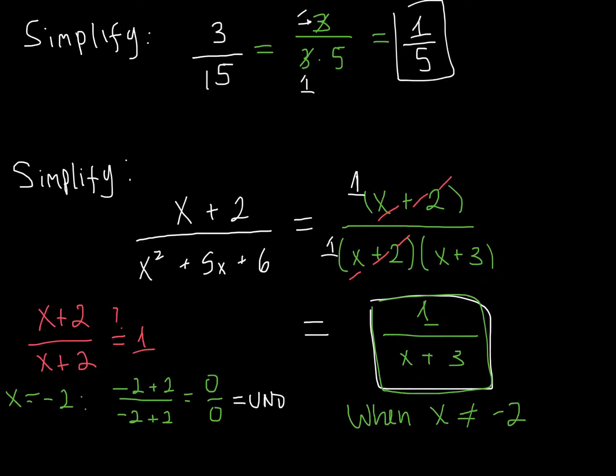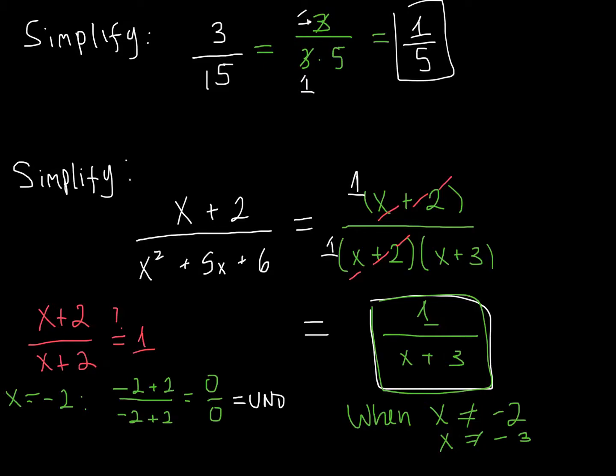This is true only when x is not equal to negative 2 and when x is not equal to negative 3. Because these are the two values that I want to exclude, and hopefully you're seeing now why I call them excluded values, right? They're the values that when I plug into my expression, they make it impossible for me to define.